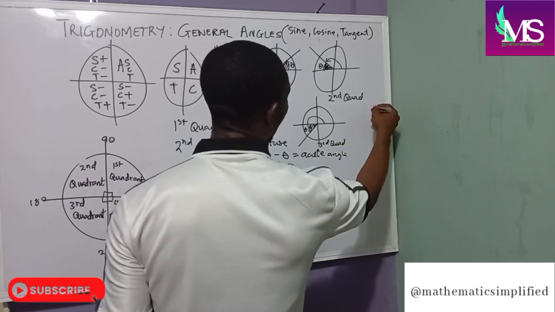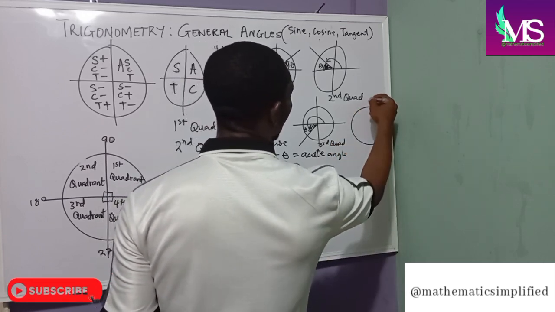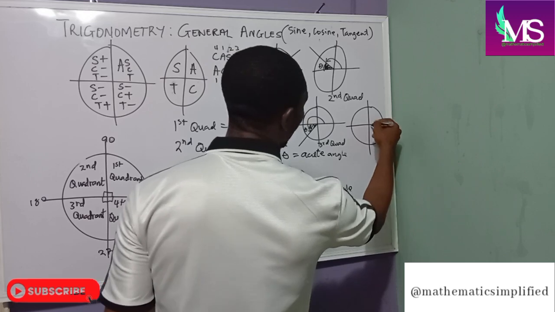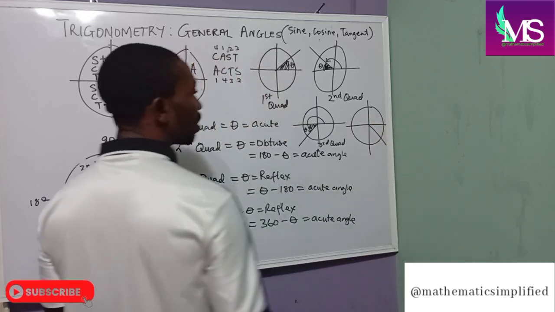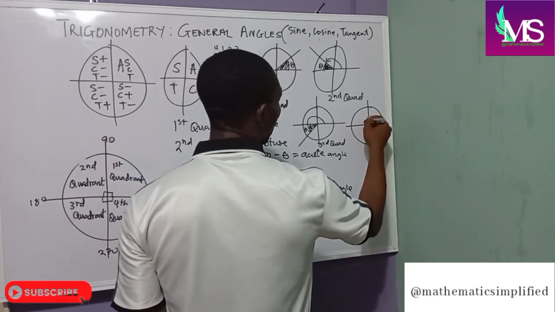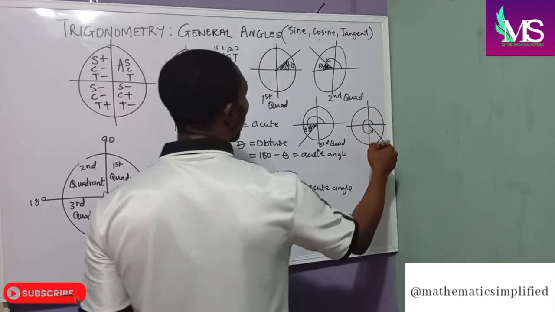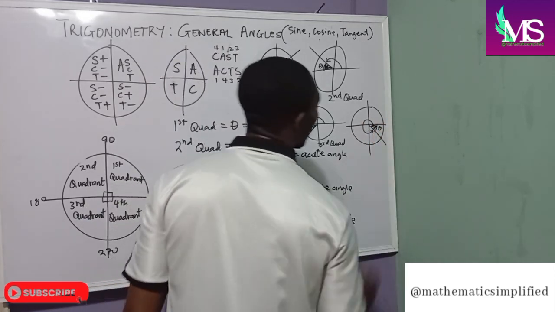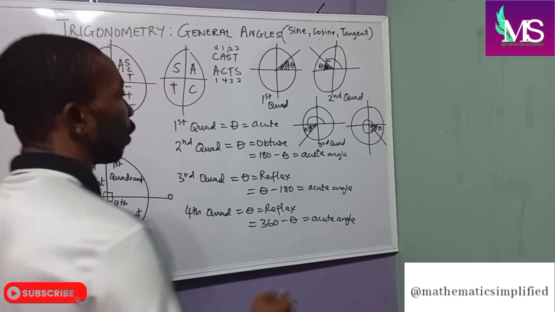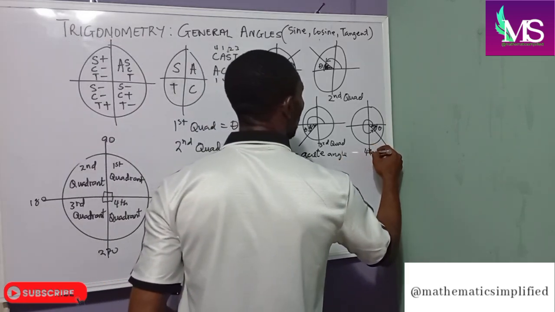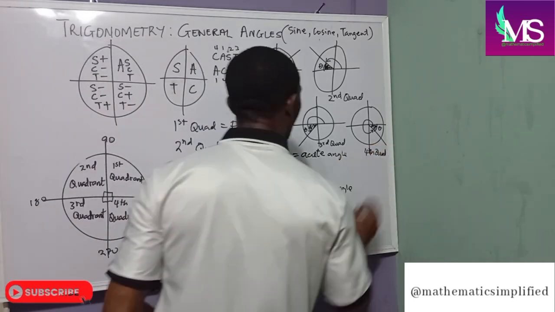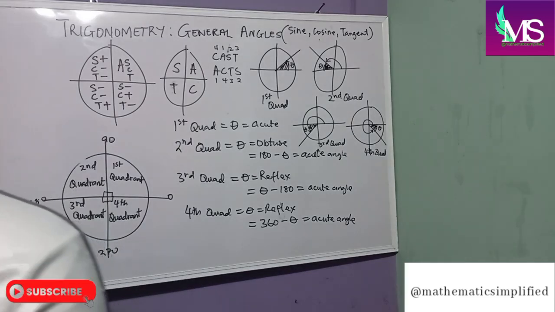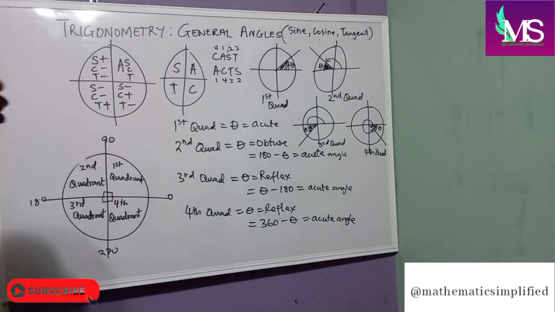And for the fourth quadrant, since we are doing 360 minus theta, bearing in mind that our angle came from here, this will be our acute angle of the fourth quadrant.